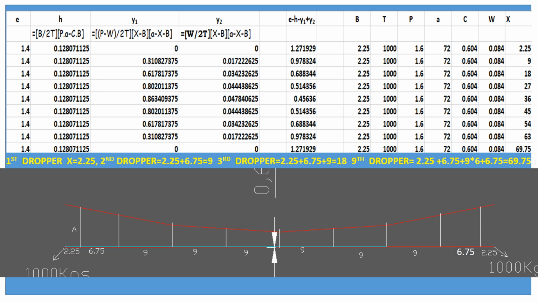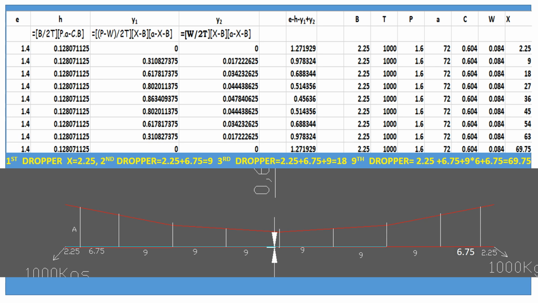So 6.75 plus 2.25 is 9 meter. Both ends make 18 meter, reduced from the span and then divided by 9. After the A and B droppers, all droppers will be spaced 9 meter. So it is not so hard work, you can do it.